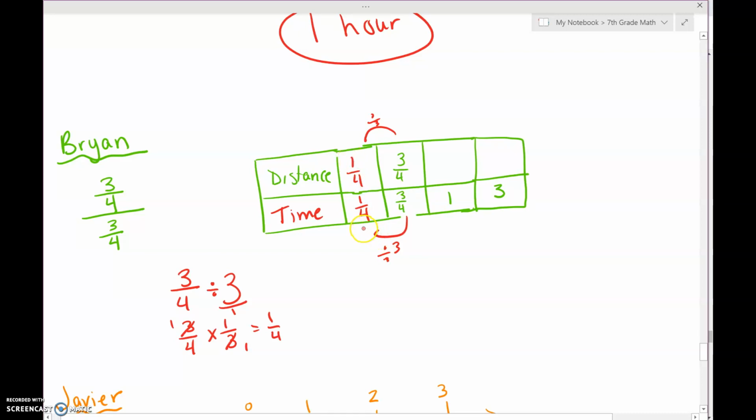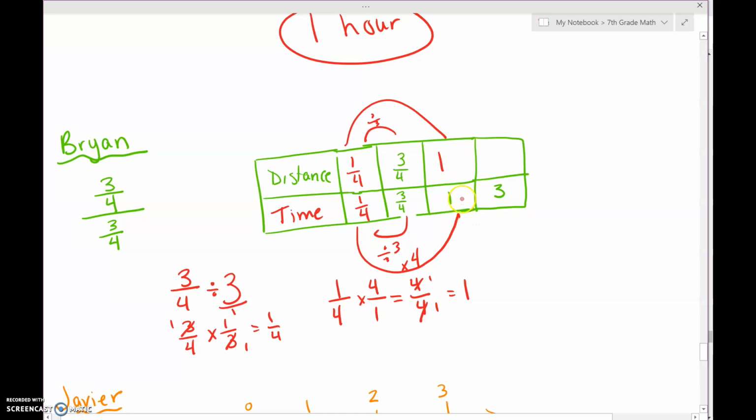So now I need to figure out how to get from here to here. Well, I'm going to take 1/4. I have to multiply by 4 to get to a whole. Remember, whole numbers, I always write over 1. So 1 times 4 is 4. 4 times 1 is 4. This simplifies to 1/1, which equals 1. So in 1 mile, took him 1 hour.